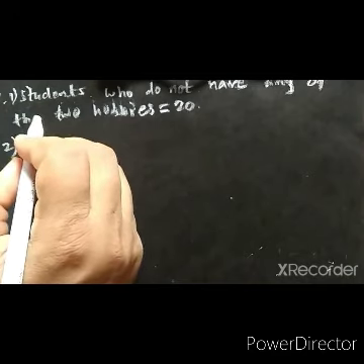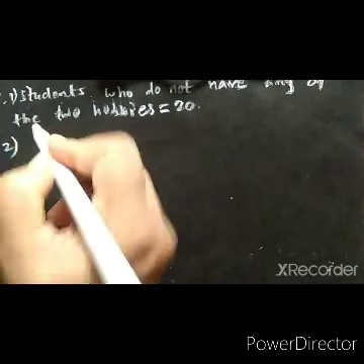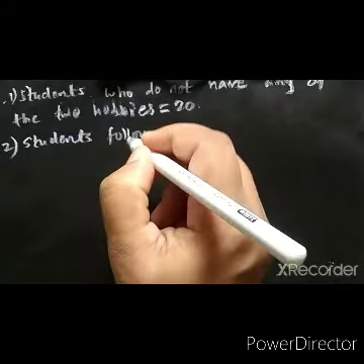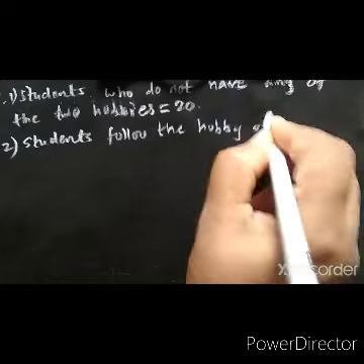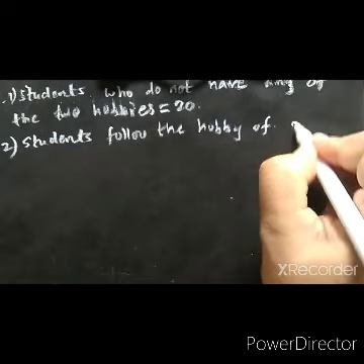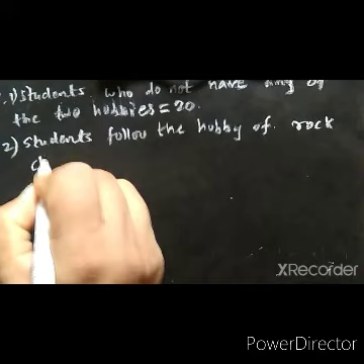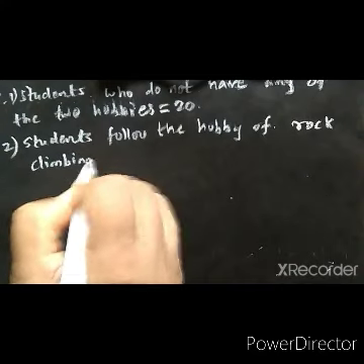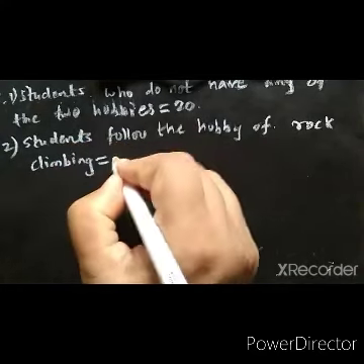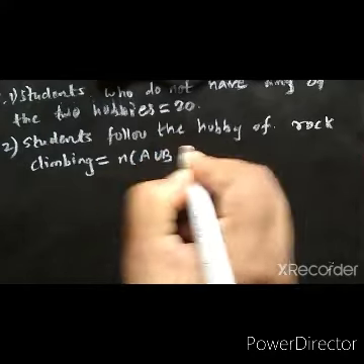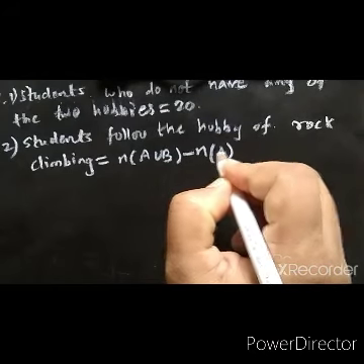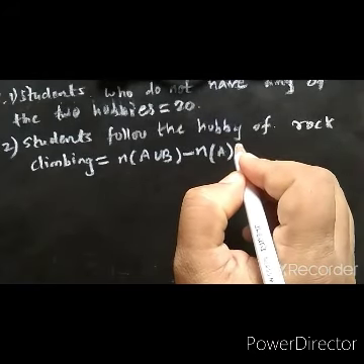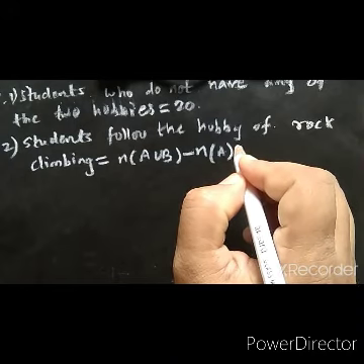So here we have to find out how many students follow the hobby of rock climbing only, that is n of A union B minus n of A. Already we have seen set A, the set of students who informed about their hobby as rock climbing.